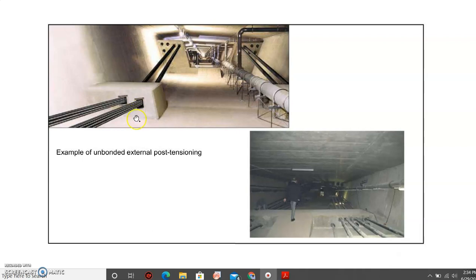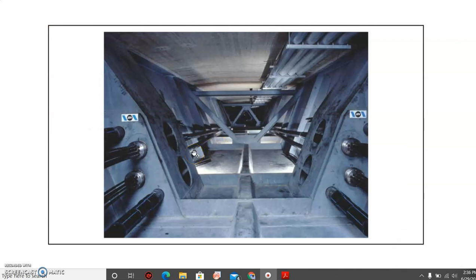So this is the meaning of unbonded external post-tensioning. This picture clearly gives an idea of unbonded external post-tensioning, which is the method adopted in this box girder.